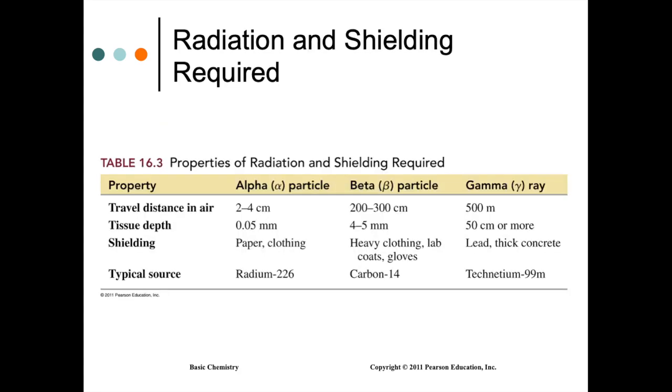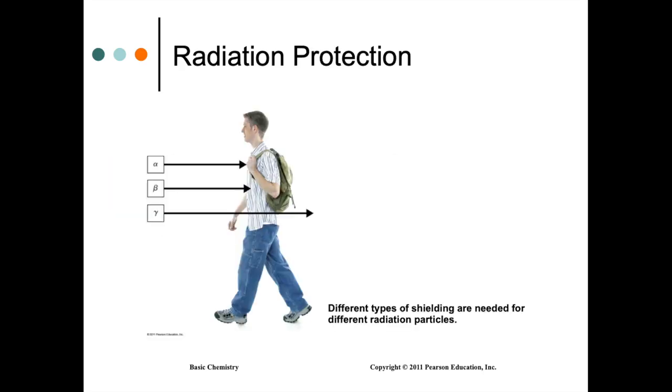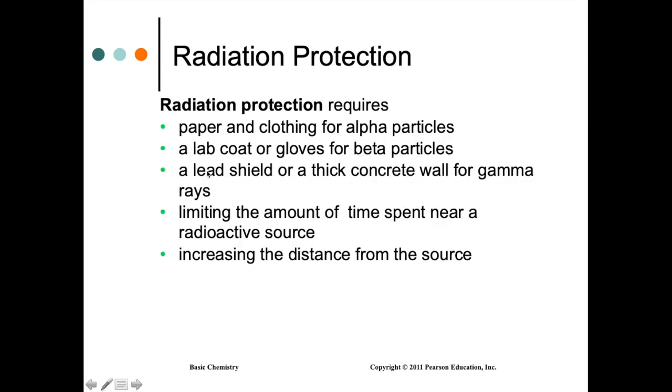Okay. But yeah, basically just remember those different levels of danger and the different levels of protection we need for alpha, beta, and gamma radiation. By the way, these concepts of different types of shielding, of changing the amount of time used and amount of distance, we look at in this week's lab on nuclear chemistry.